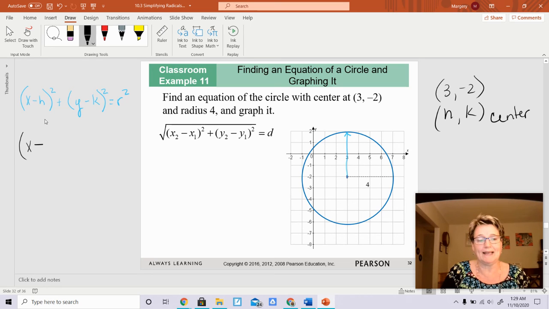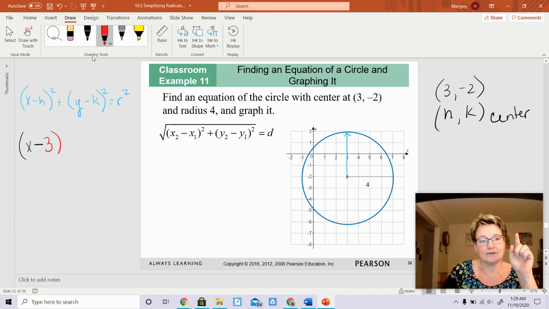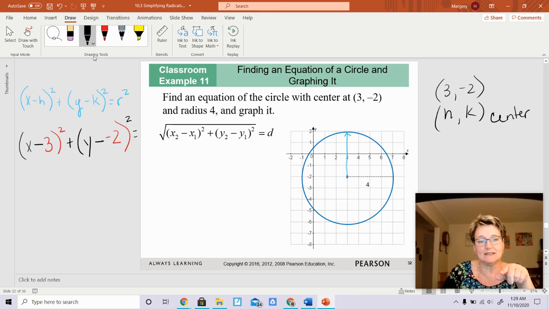So x minus, that's part of my formula, my h is 3, squared, plus y minus, because that's part of my formula, but k is negative 2, squared, and my radius is 4. So that's just going to be 4 squared.